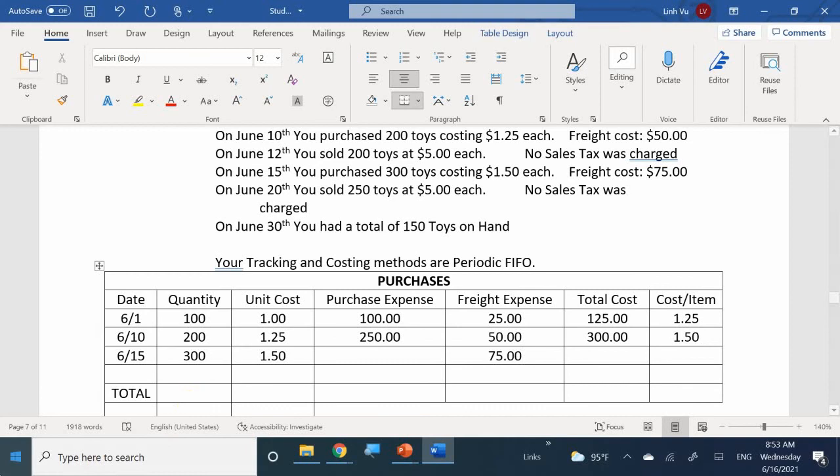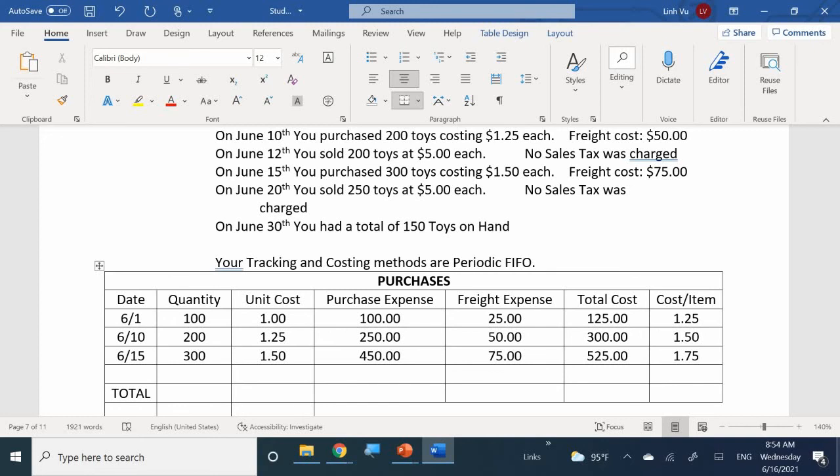So what's my total purchase price here? 450. 450 plus 75, 525, bringing the cost per item to $1.75. Good. All right. Then on June 20th, we sold another 250 toys at $5 each. No sales tax was charged. Okay. Do we do anything with that one?